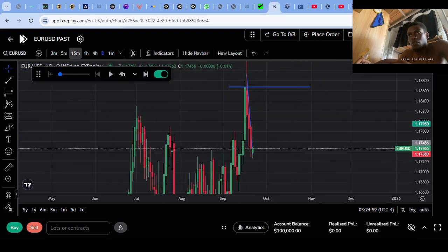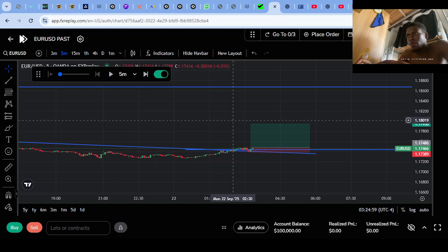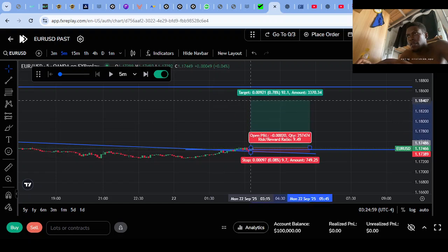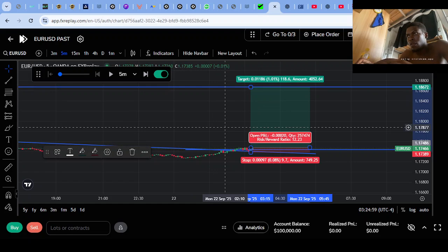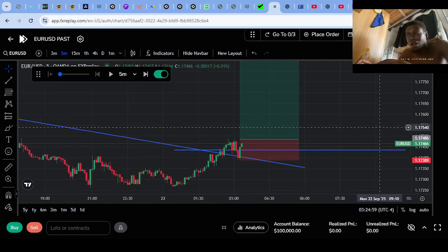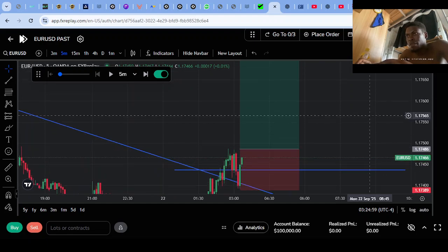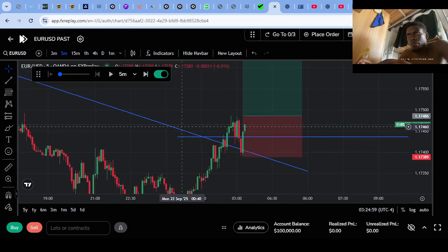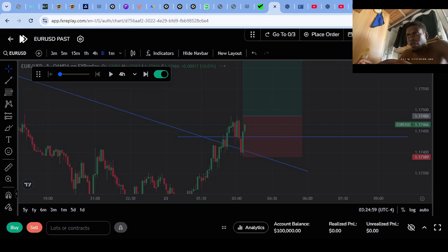That being said, we go over to the 5 minute, and we just said this is our target, which will be a 1 to 12, which is a lot. So you have to be actually brave, strong hearted, to target these highs.